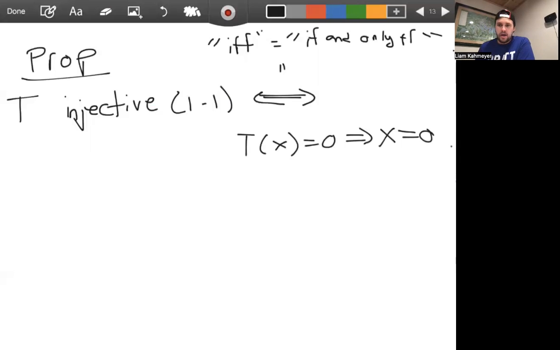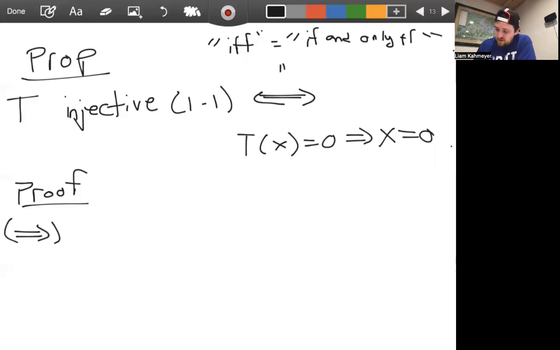So let's see why this is necessarily true. Let's prove this. Well, to prove an if and only if statement, you have to prove the if, and you have to prove the and only if, right? So really there are two proofs. You have to prove A implies B, and then you have to flip around and prove that B implies A. That's what it means for if and only if. So we're going to prove the if direction.